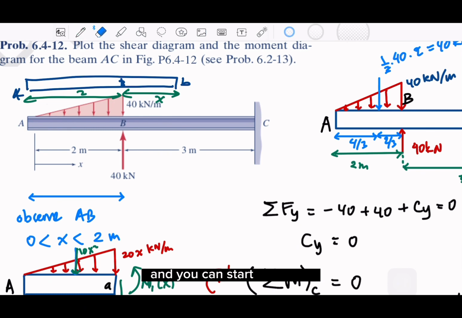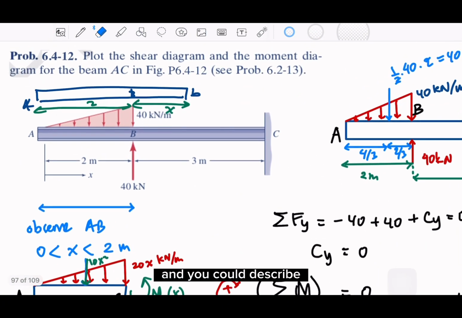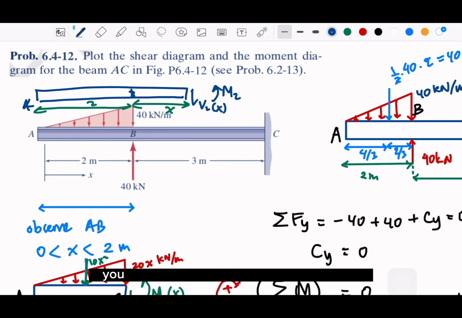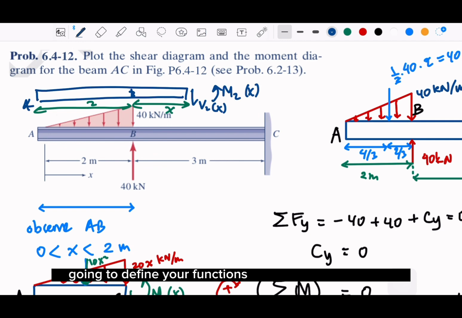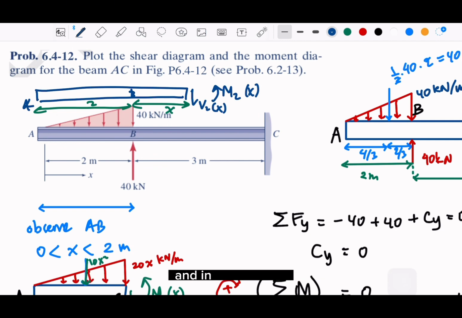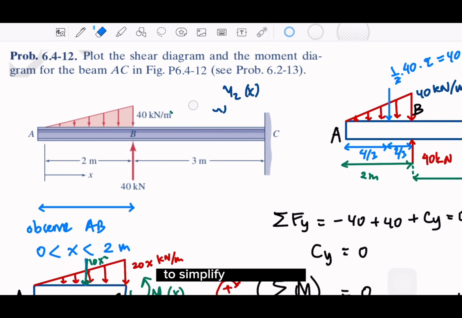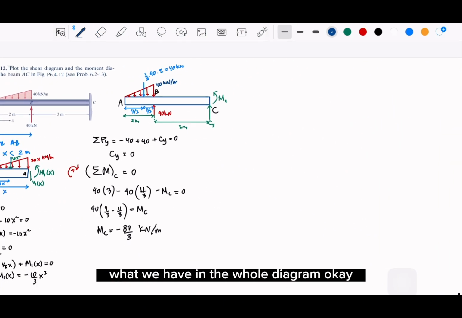And then you can start in the same direction as in AB, and describe another function, which is v2 and m2, to define your functions on your diagram, in shear and in moment. You could do that, but to simplify our process, I will skip this and just take a look at what we have in the whole diagram.